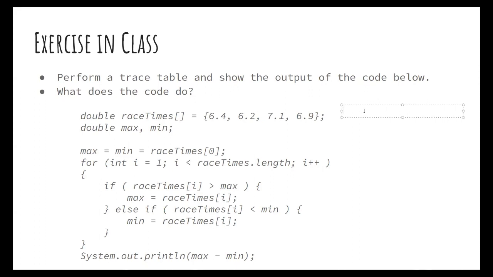If I have a variable called min, I'll have a column for min. And if I want a column for my array, I'll do arr at I. So if I is 0, then in arr at 0, I will put whatever is at arr 0, which is 6.4.